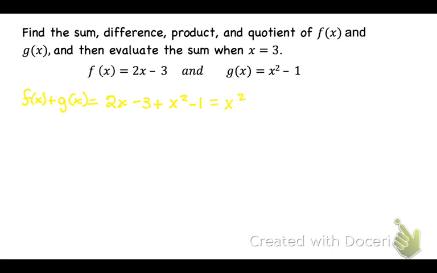So x squared plus 2x minus 4. So f of x minus g of x. What do I have to remember to do here? Distribute the negative. So it would make it negative x squared, and it would make it positive 1. So I have negative x squared plus 2x minus 2.